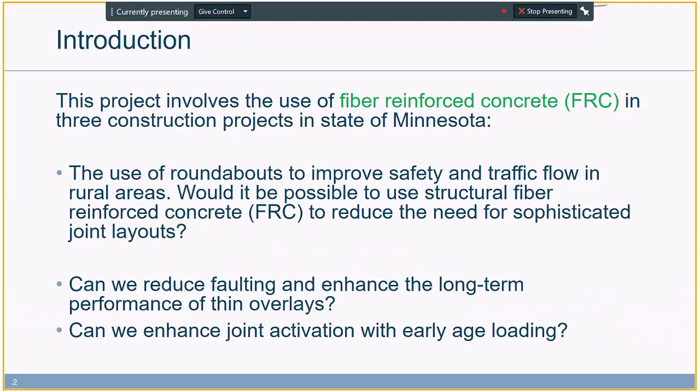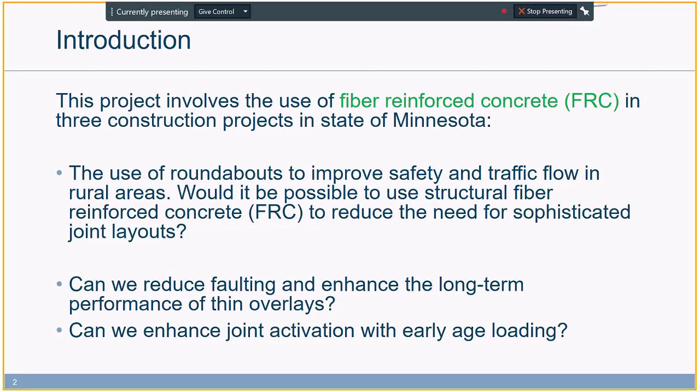I'm going to have a brief summary and introduction of the 3 projects, and later on I'm going to mainly focus on the FRC roundabout. But we know that the use of roundabouts can help us with enhanced safety and traffic flow in rural areas.